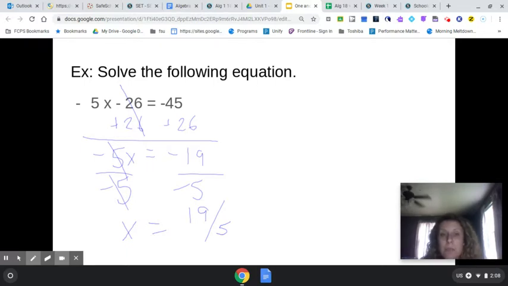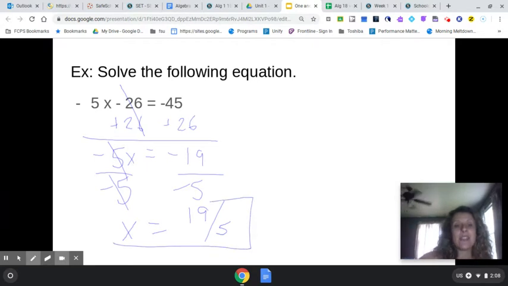That is the preferred form for all fractions. So if you have a simplification problem and it does involve fractions and it does not simplify to a whole number, we would prefer that you would leave the improper fraction. So this is my final answer. X equals 19 fifths.